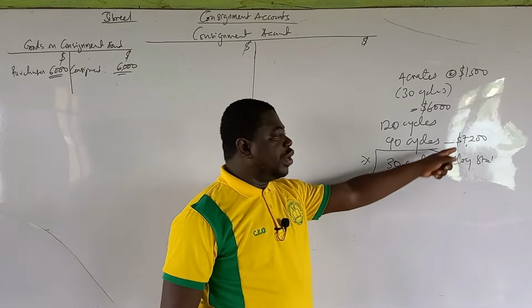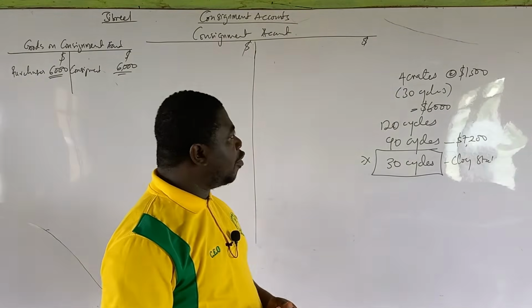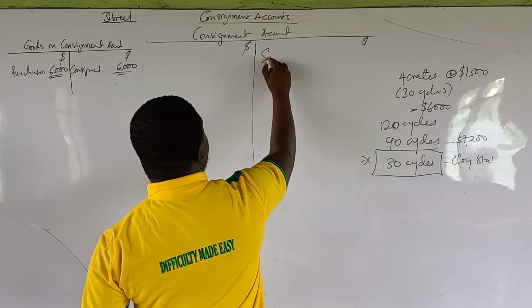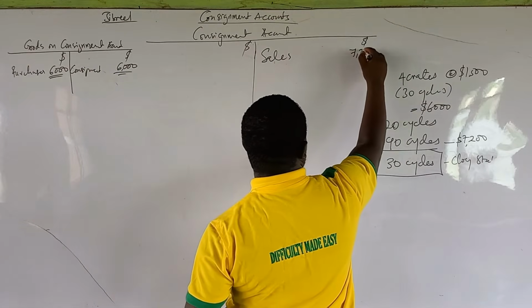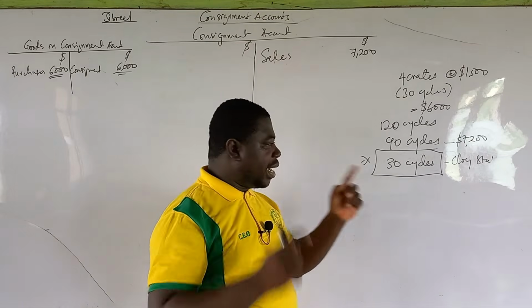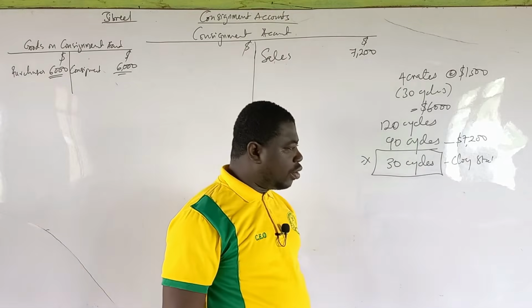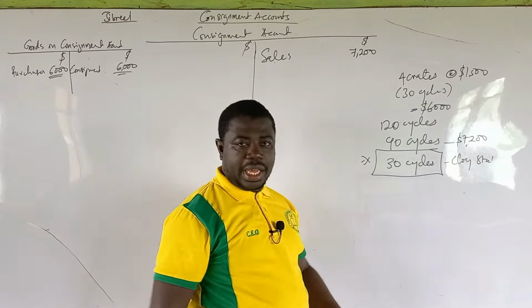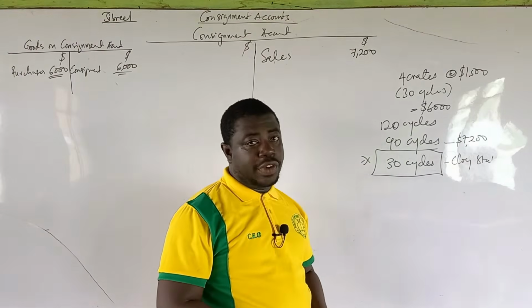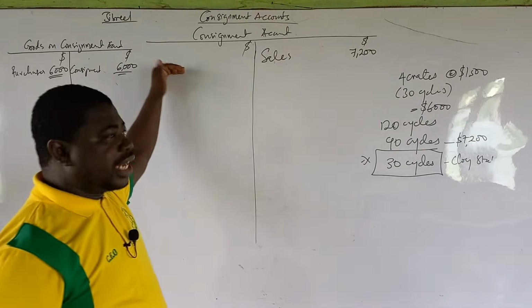But for now, we are looking for the sales value, and the sales value has already been given to us from the question, and so we'll call it sales $7,200. But just have it in mind that 30 cycles will be used to value our closing stock. We are going to give this a value, and I'm going to show you how this is going to be valued. Okay, so now that we have our sales, we go into the question and pick our expenses.